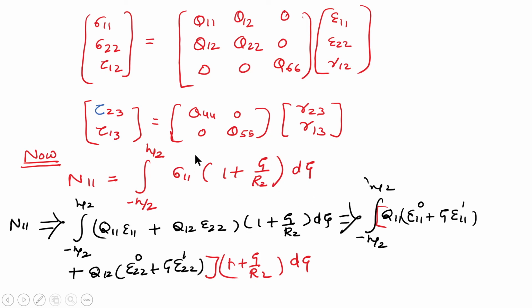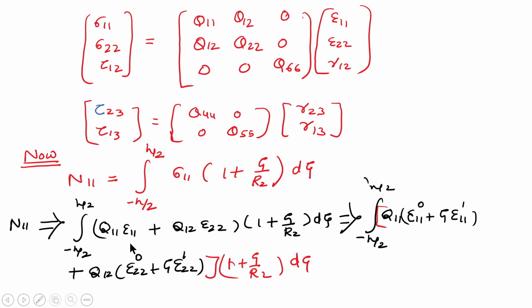We know sigma 11, using the constitutive relation of the material, is q11 epsilon 11 plus q12 epsilon 22, times 1 plus zeta by r2, d zeta. In the plate it is very simple, but for the case of a shell it is not very simple, I would like to say it is slightly complex.